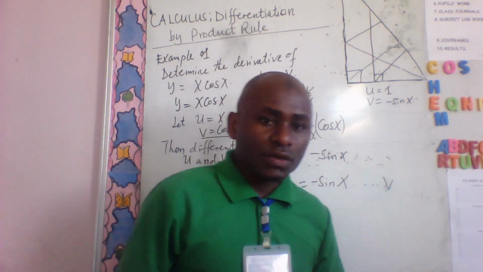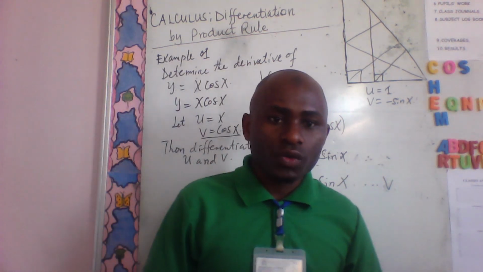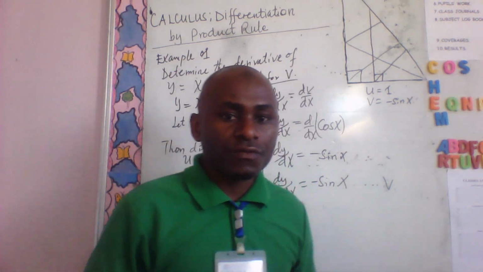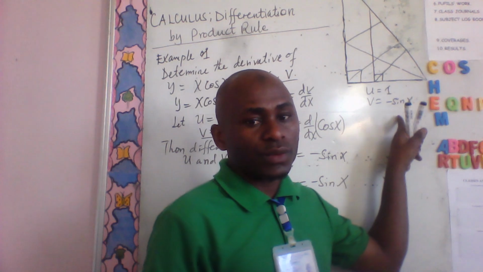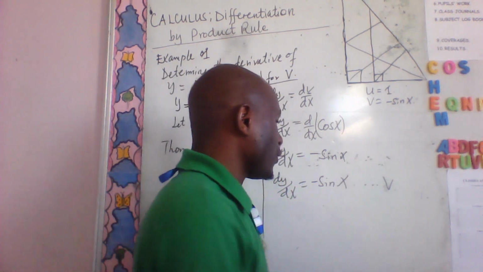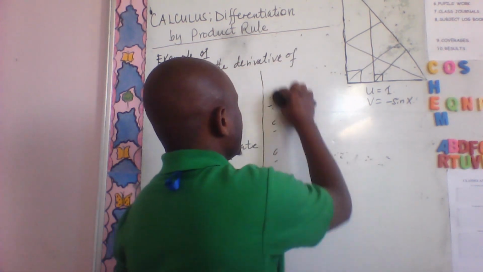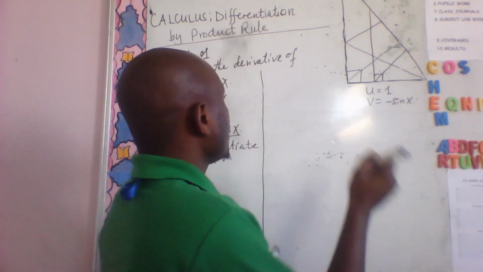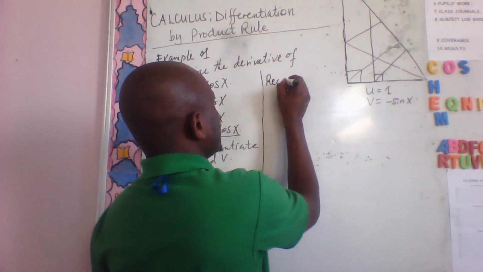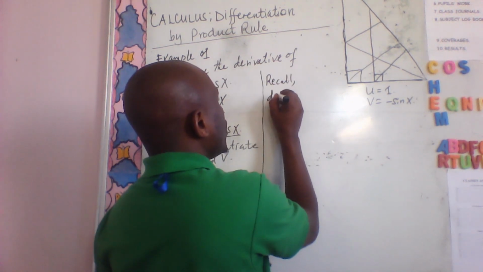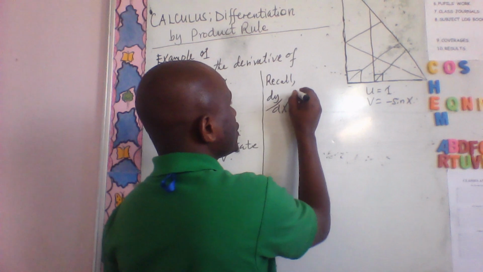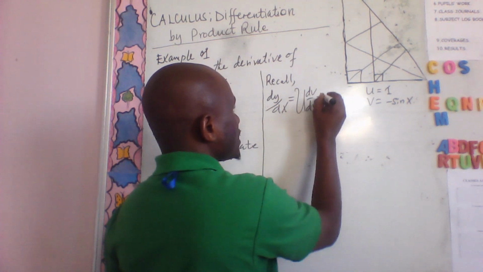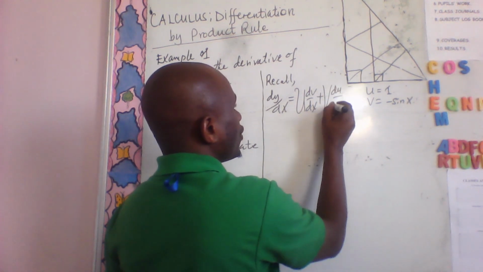After getting that result, here we are supposed to trace back to our product rule formula in order to substitute this value in the formula. So recall dy over dx is equal to u dv over dx plus v du over dx.